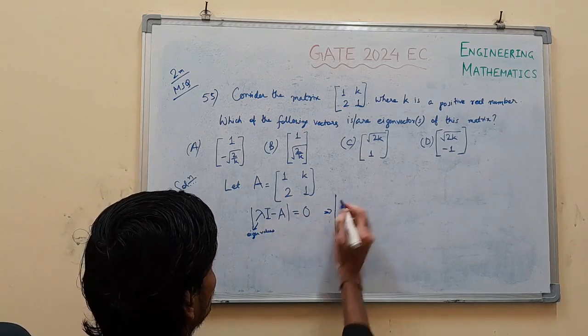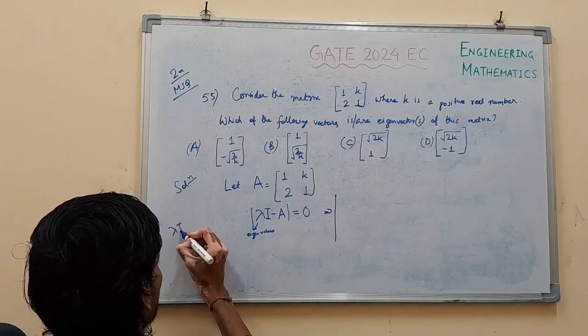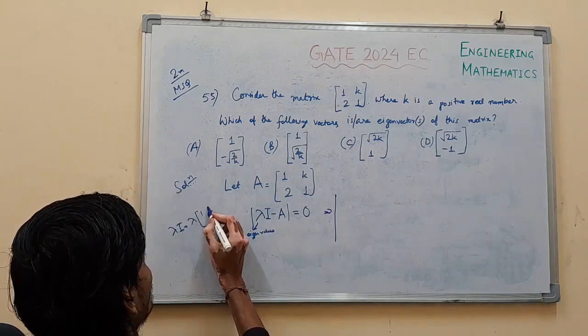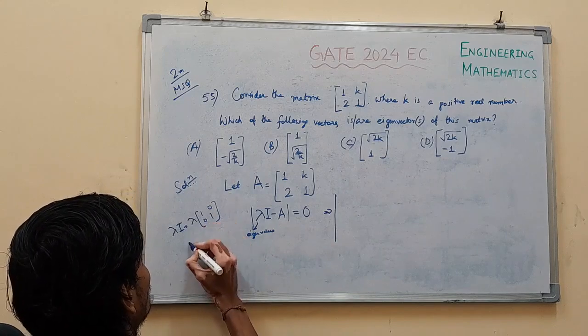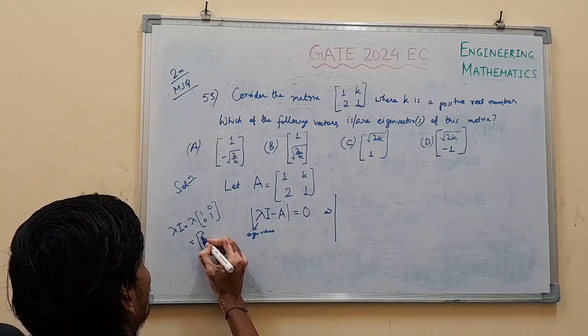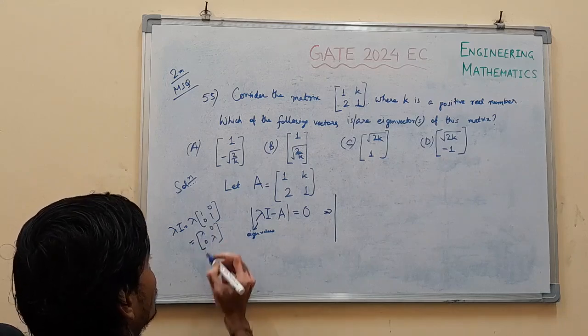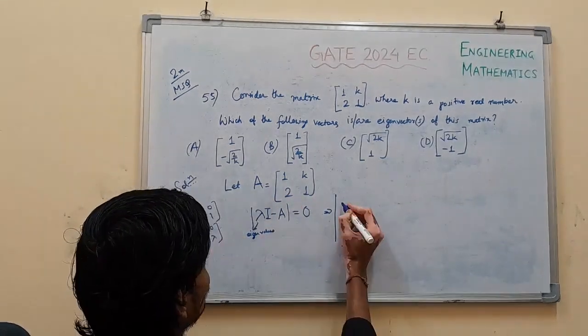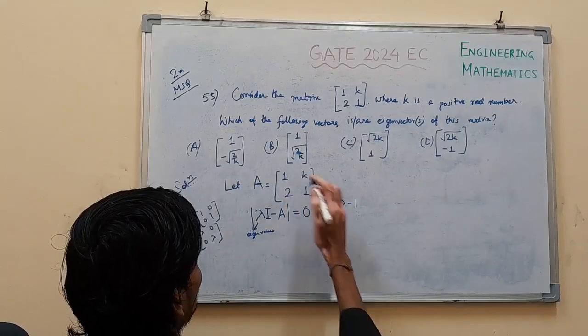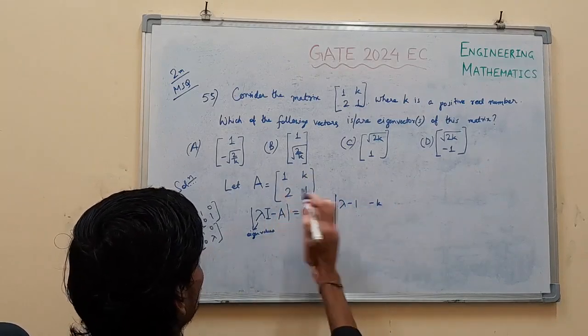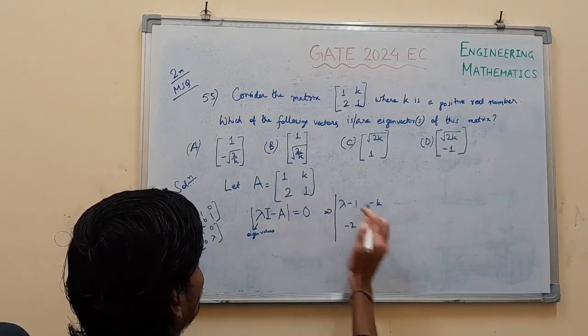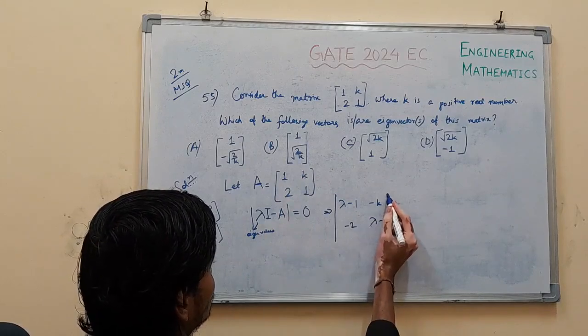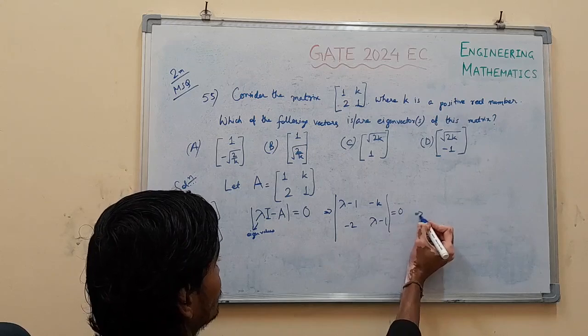Now what we get? Lambda I is nothing but lambda times 1 0 0 1, that is lambda 0 0 lambda. So this will be lambda minus 1, 0 minus k is minus k, 0 minus 2 is minus 2, and lambda minus 1. So determinant of this is 0.